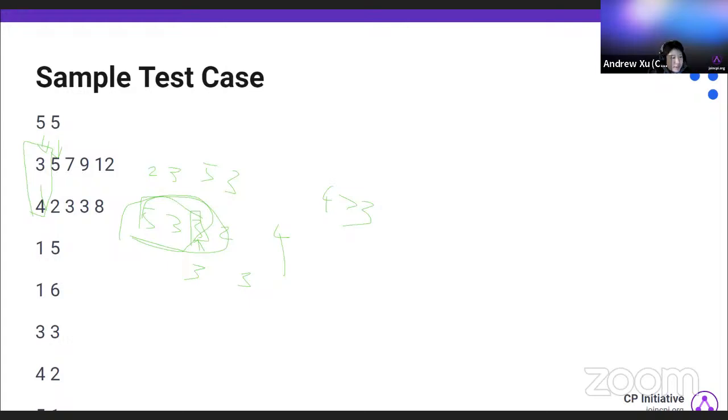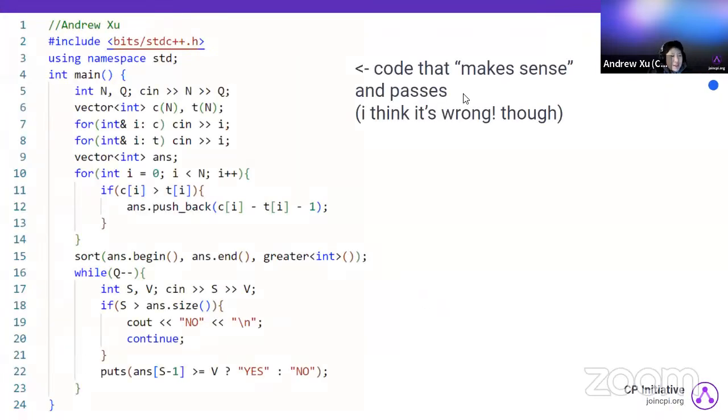Okay, let's move on to the code. So the first step of this code is implementing basically what I said. This code makes sense, and it should pass the official USACO problem, but it's actually a little bit wrong.